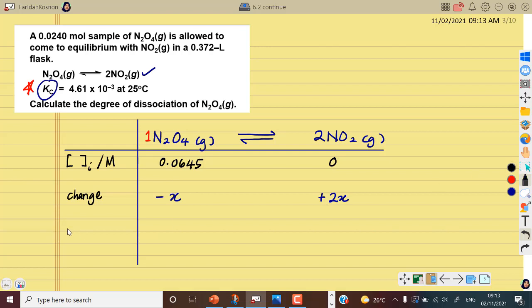And finally, we will obtain the concentration of the species that exist at equilibrium.